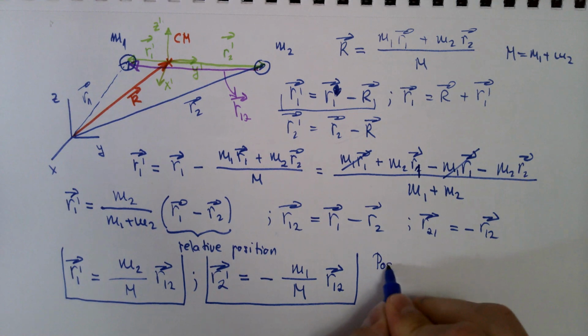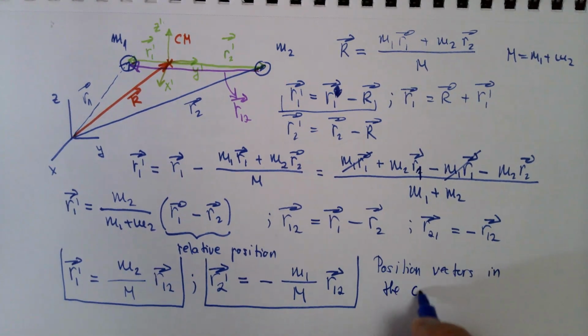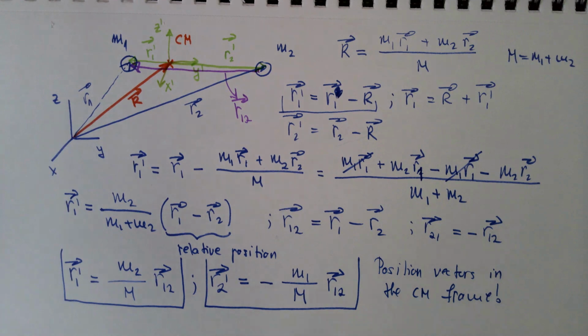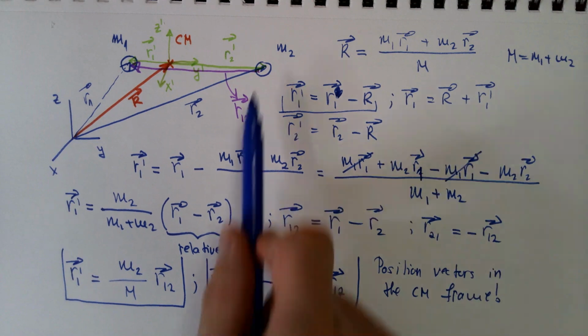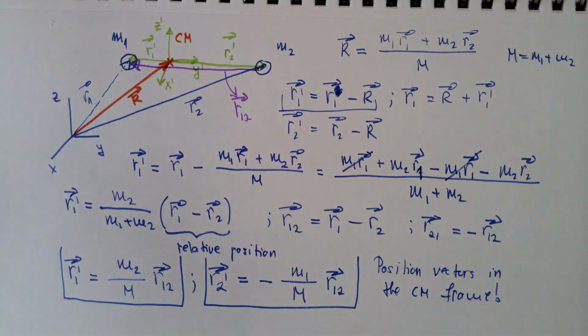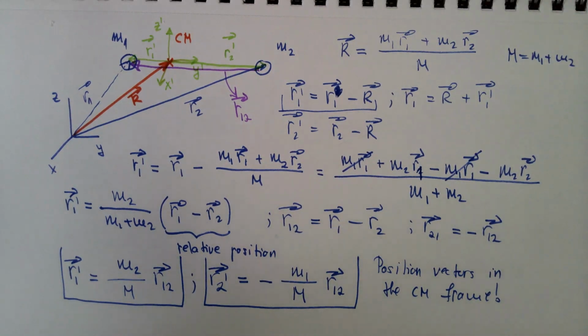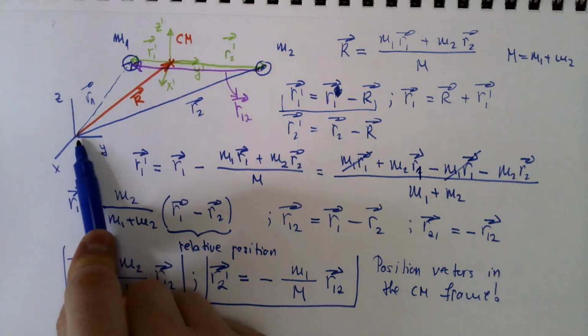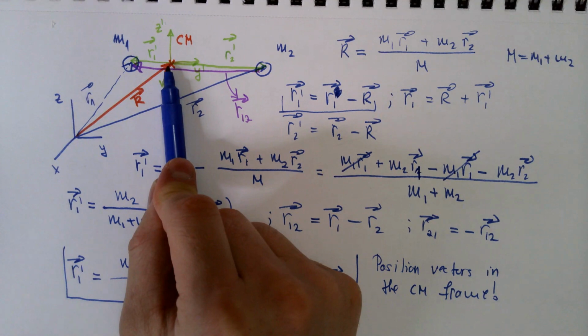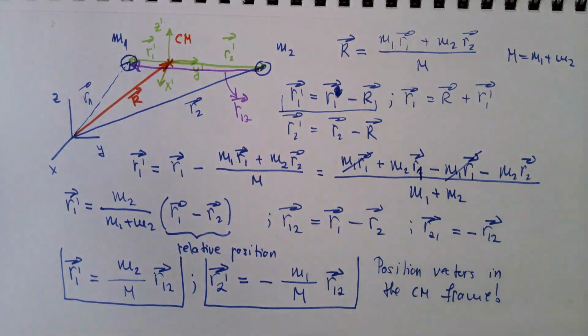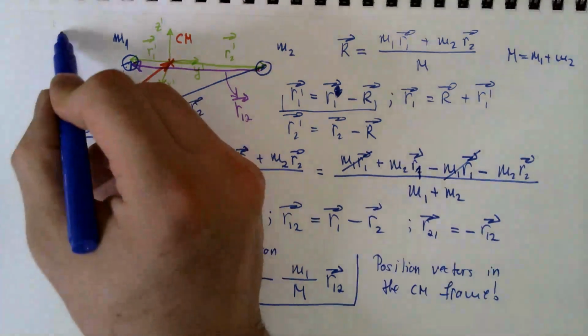These are position vectors in the center of mass frame. And we express them in terms of the masses and the relative position vector between two particles. What is extremely important to know is that relative position vectors, such as this one, do not depend on the choice of reference system. We can use the laboratory reference frame or the center of mass reference frame or some other laboratory reference frame, somewhere here, let's say.